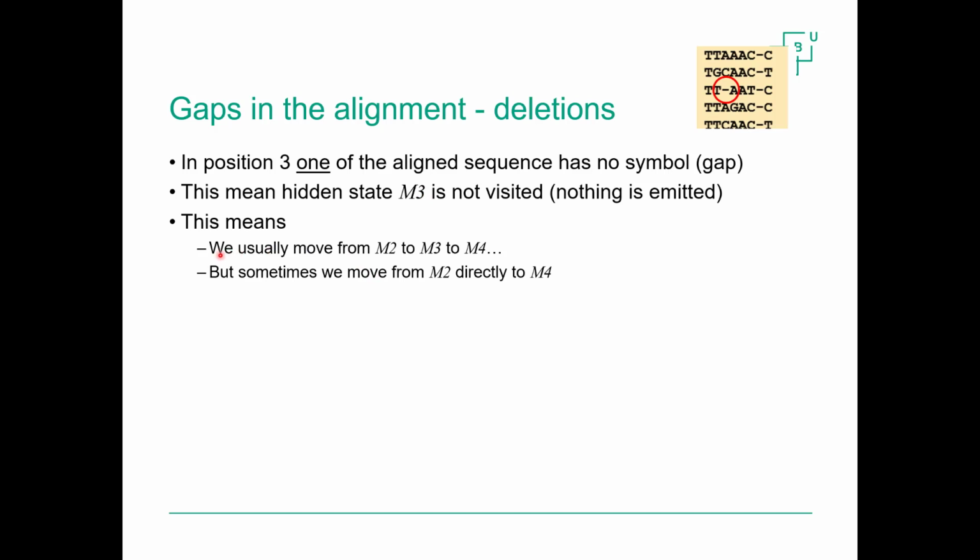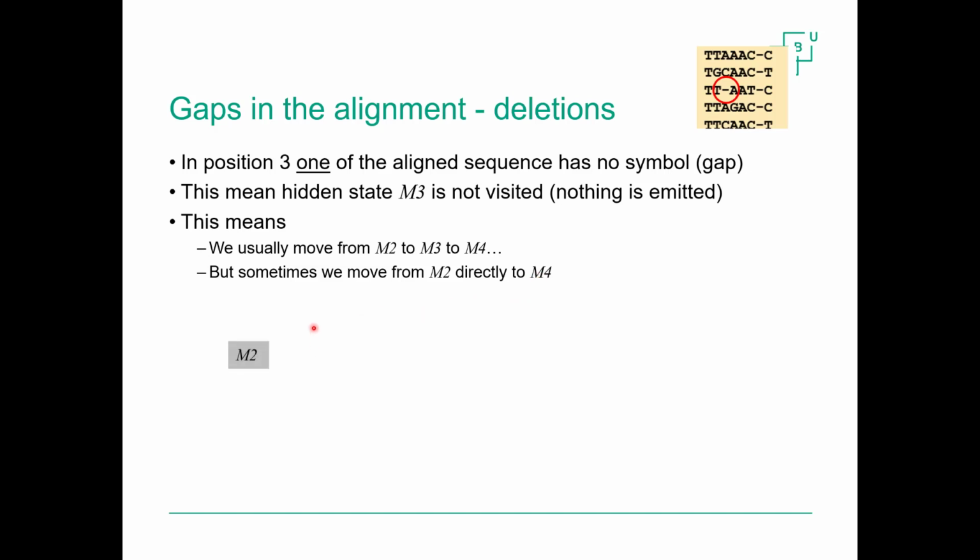So it means that usually we go from M2 to M3 to M4 and so on, right? But sometimes we move from M2 directly to M4 without visiting M3. So we go around M3 because no symbol is produced.